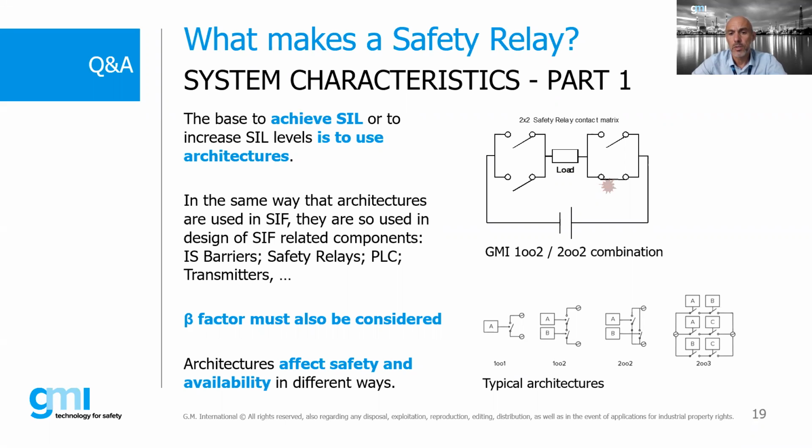The beta factor greatly reduces the safety of your application. This must be considered also inside the components, not only for the 4 relays we see in our architecture. Also, architecture can affect the availability and the safety of the system.